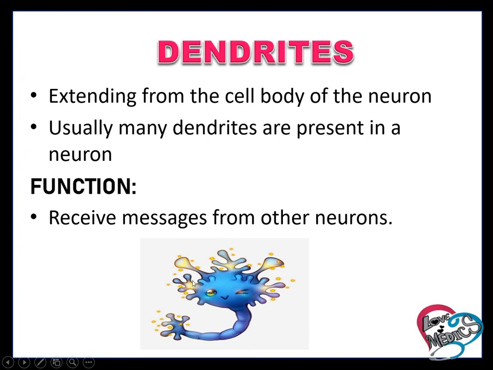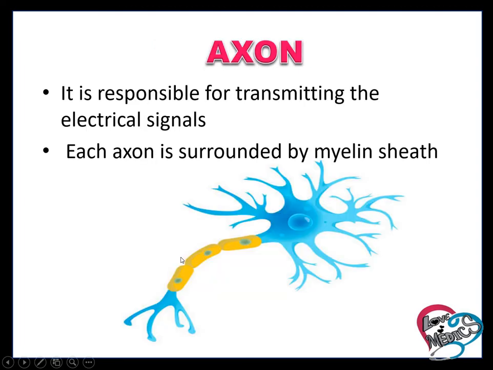The function of the dendrites is to receive messages from other neurons. Axon is responsible for transmitting the electrical signal from the dendrites to the axon terminal. The axon is surrounded by myelin sheath.